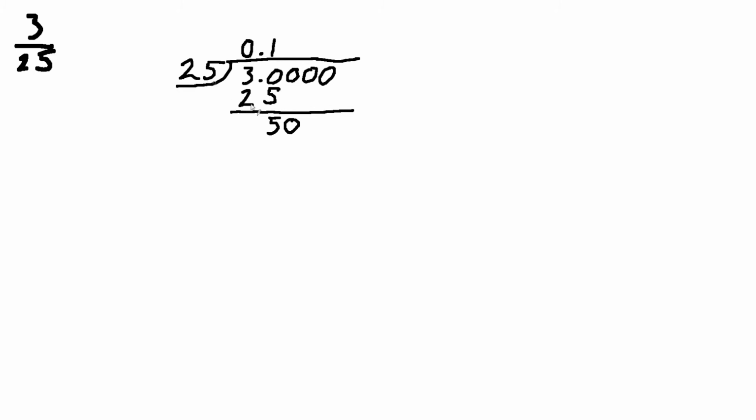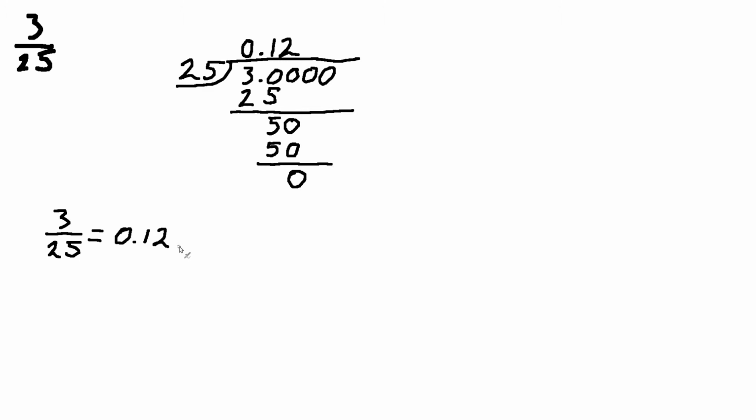Now 25 goes into 50 twice. So we get 2 times 25 is 50. And that's it. So we have found out that 3 divided by 25 is equal to 0.12.